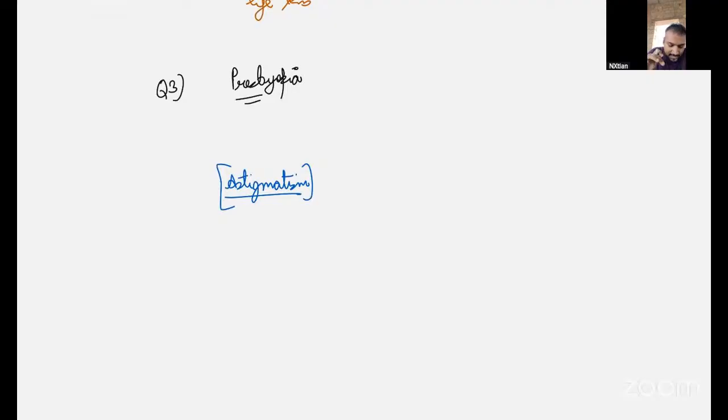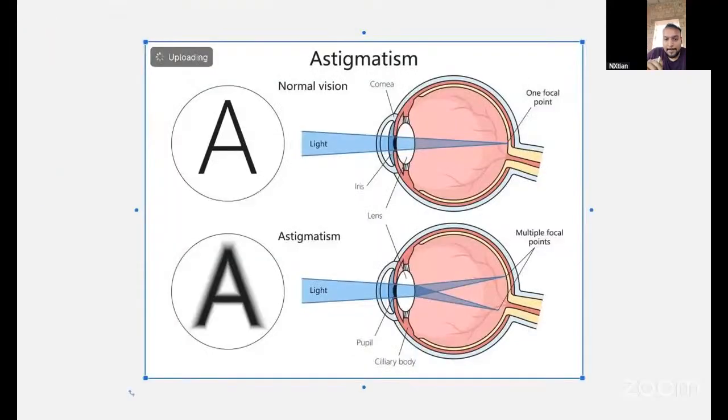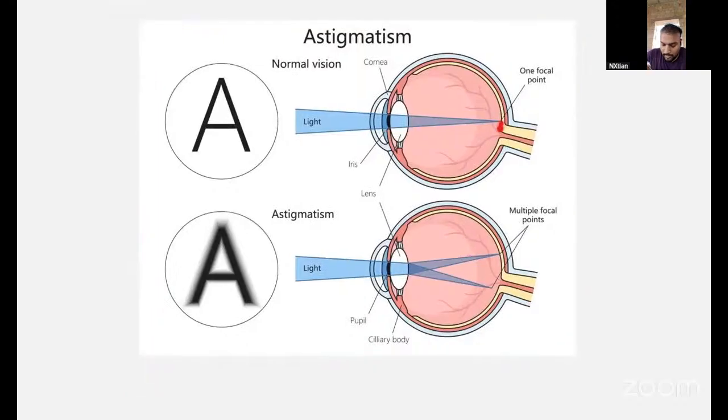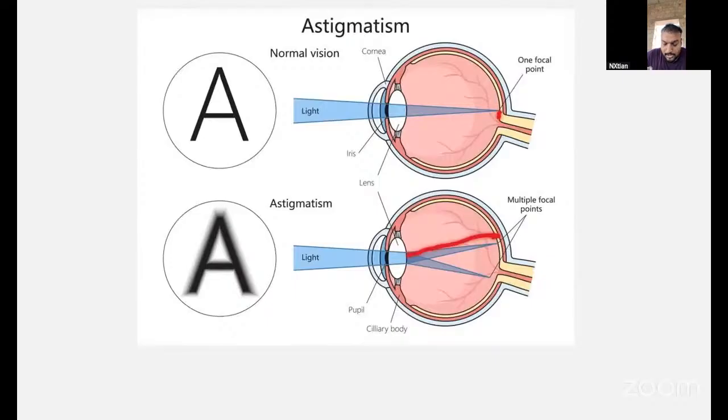Astigmatism is this situation. Normally the image is on the retina, but in astigmatism two images are formed, and the thing looks blurred. The image is on the retina only, not behind or in front of it, but two focal points are formed. Because of that, written words look blurred.